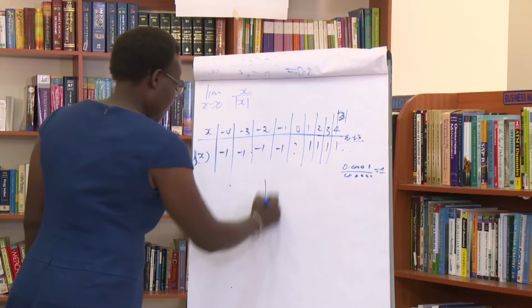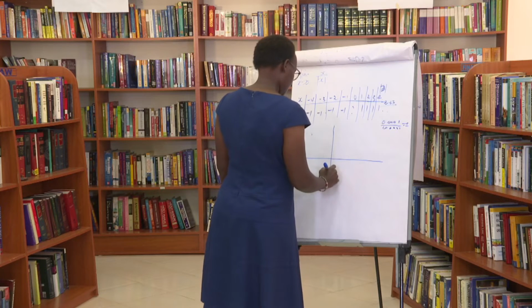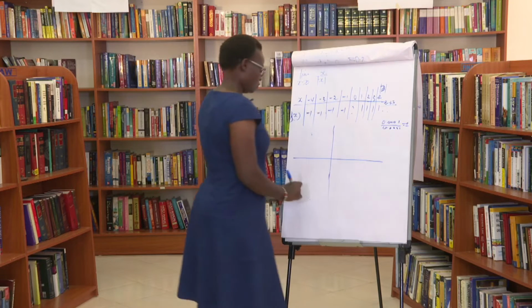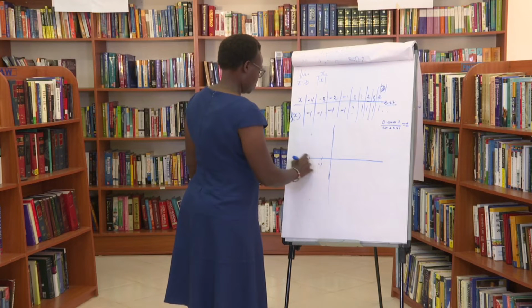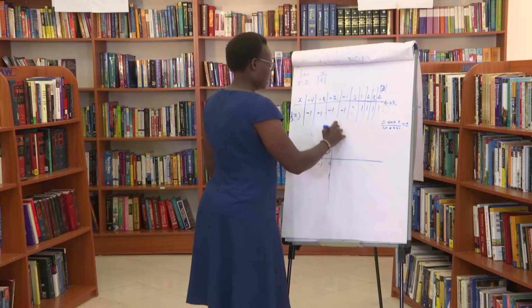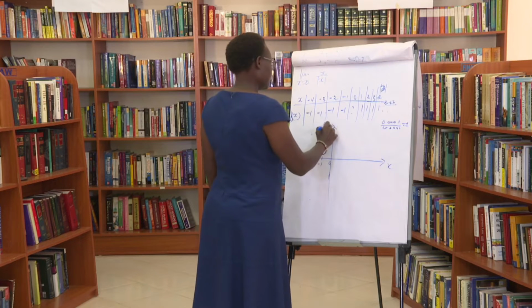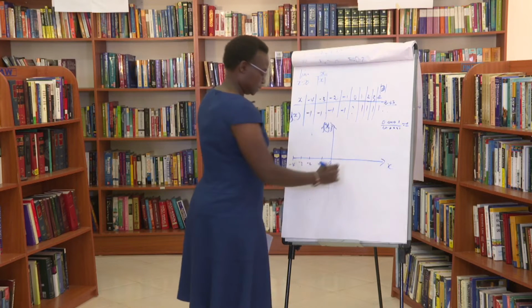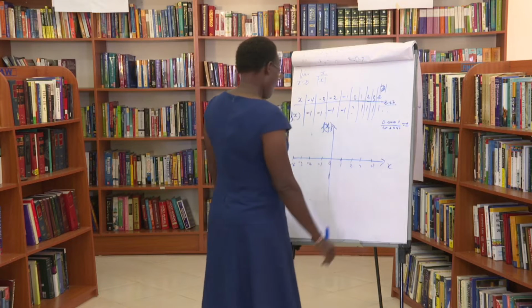If we draw this graph, this side will have -1, -2, -3, -4. This is 0. Of course, this is our y coordinate, this is our f of x, and that's our x. This is 1, 2, 3, and 4.